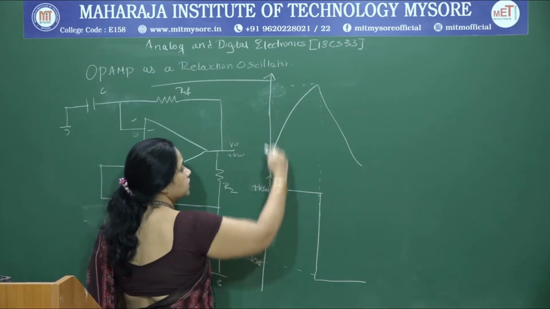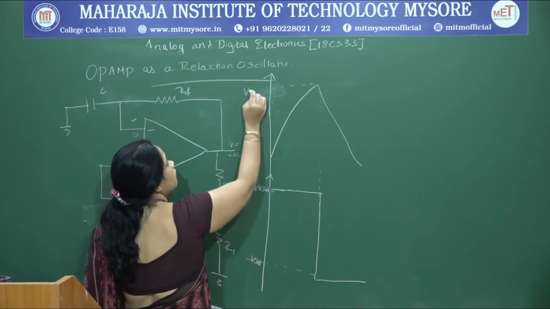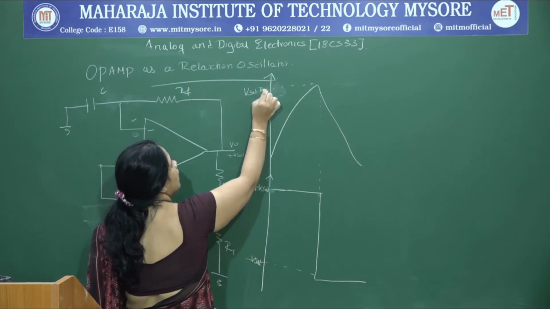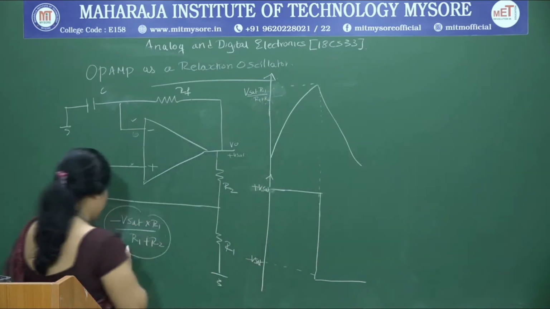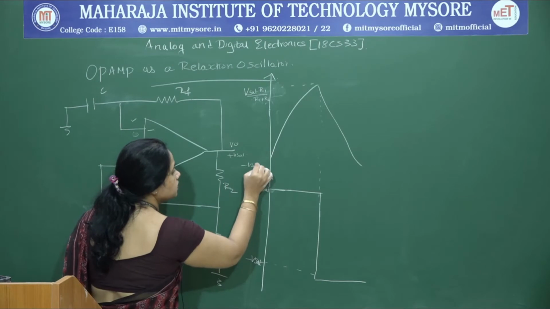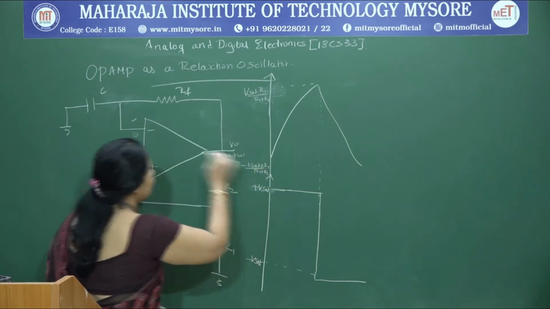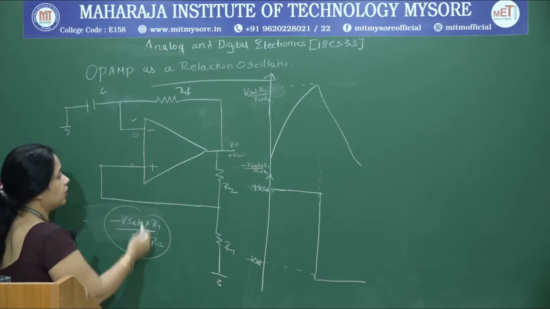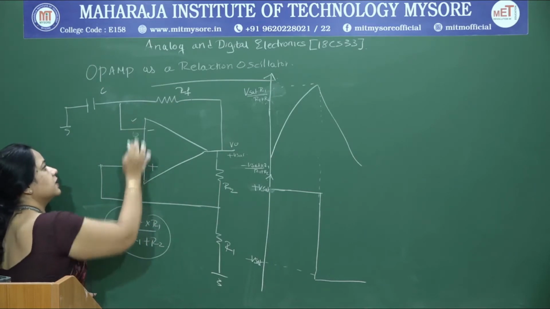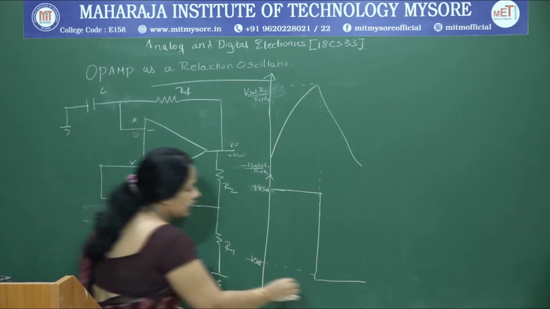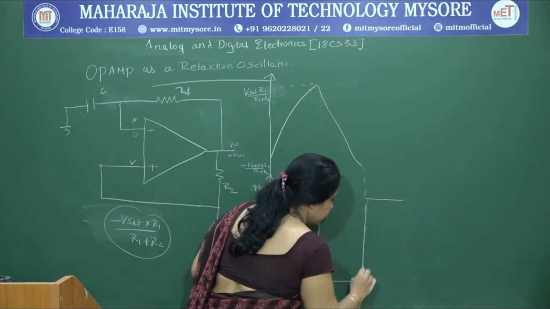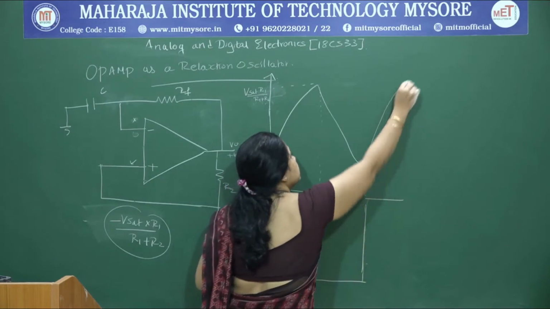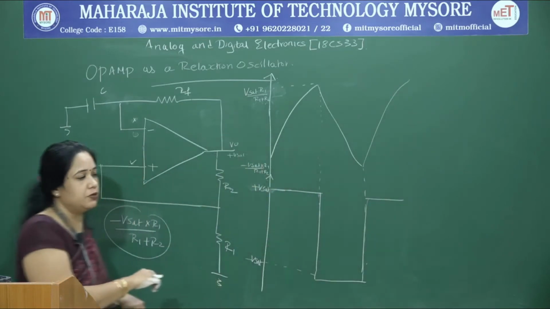When it falls below that, the inverting terminal voltage becomes less and the non-inverting greater. Again the output switches to plus V saturation and the capacitor charges towards the positive level.